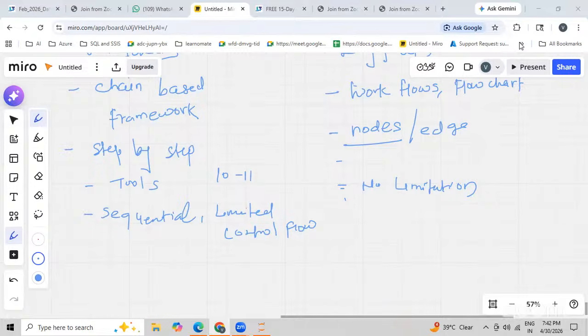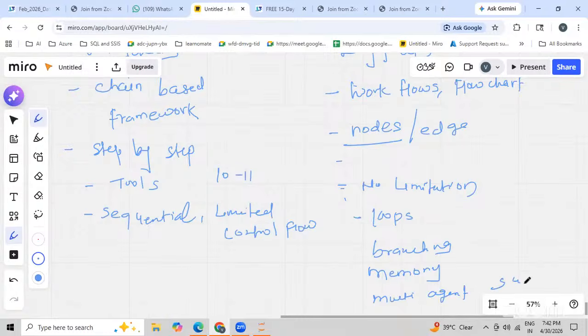In LangChain we have lots of steps that we cannot add, but in LangGraph there are no such limitations. LangGraph supports loops, branching, memory, and multi-agent systems.